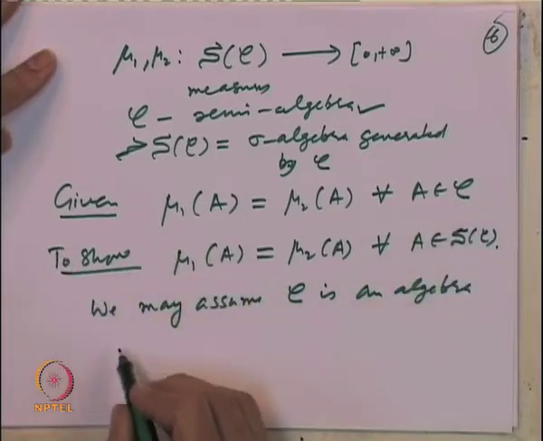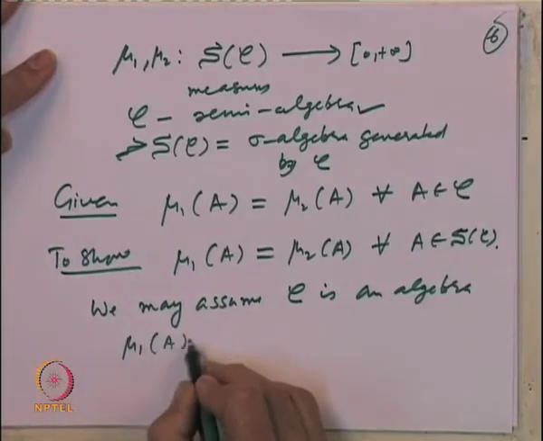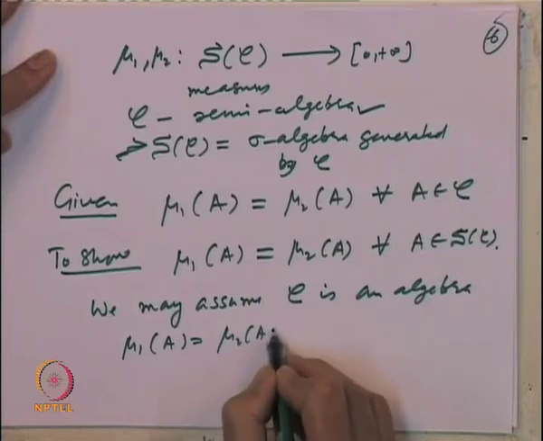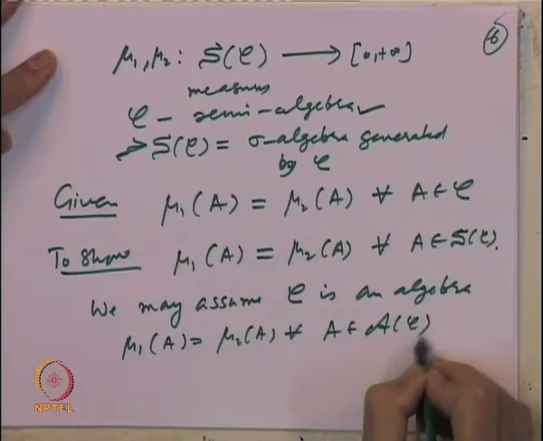So, by the given hypothesis, mu 1 of A is equal to mu 2 of A for every A belonging to the algebra generated by C.